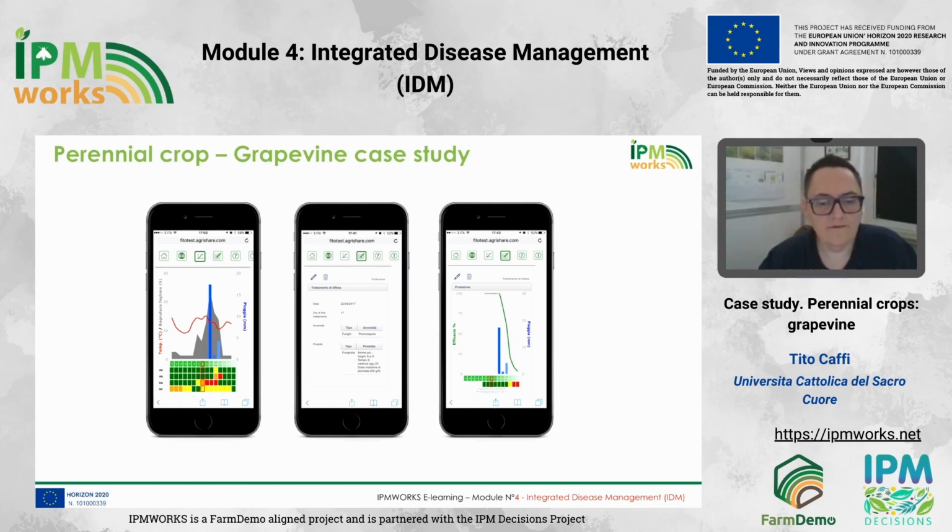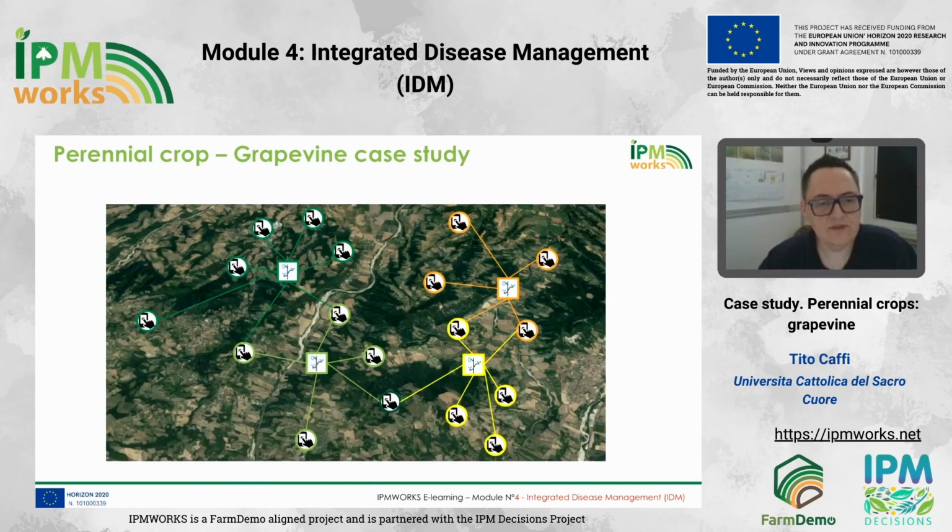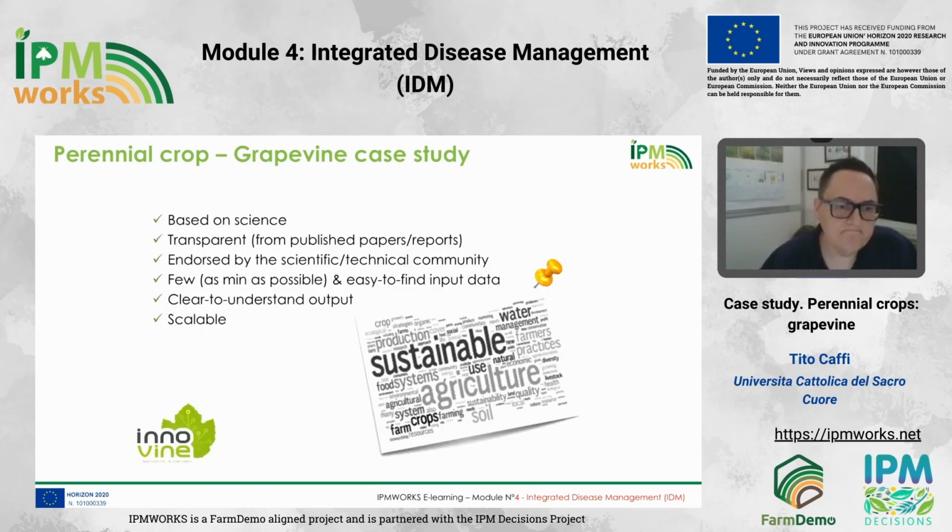We have also a lot of small producers all across Europe, and we can refer to some specific weather stations that are producing information and simulation according to a specific variety of grape, and the farmers can link to that weather station in order to see what is going on there, what is the simulation of a specific disease or many more diseases altogether in that place, and they can downscale to their own vineyard, let's say, according to their expertise.